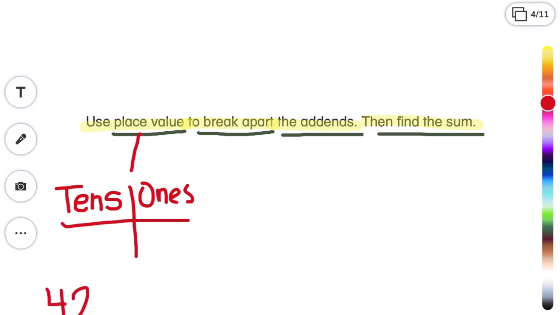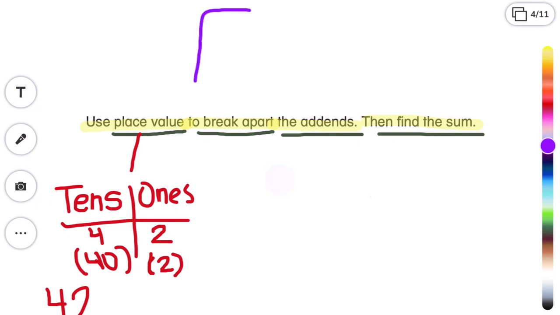If we have the number 42, the number of tens we have is 4, and the value is 40, because 4 tens does not mean 4, it means 40. And in this number 42, the number of ones we have is 2, and the value is 2. That is what place value means.